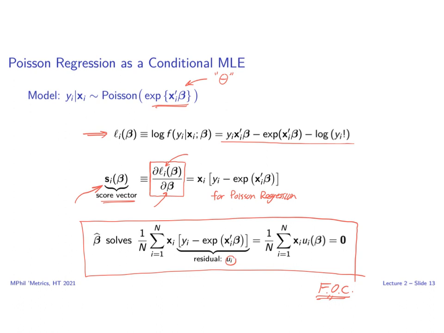We find it helpful to refer to this object, y minus e to the x prime beta, as u_i. It's effectively a kind of residual. So this first order condition is saying that the sum of x times the residuals is equal to 0 at the conditional maximum likelihood estimator. And in the notes, I explain why it turns out for this model that the first order condition does actually identify the solution.